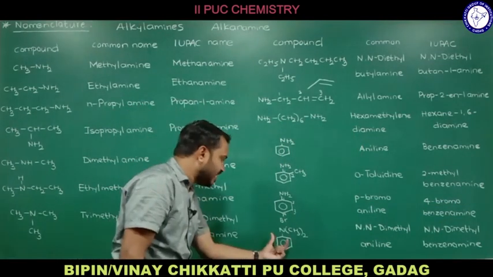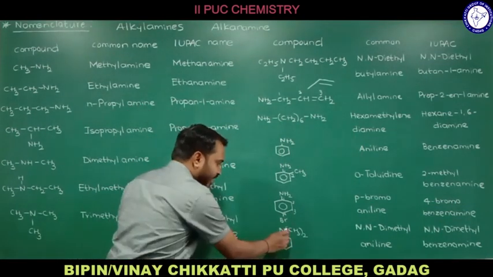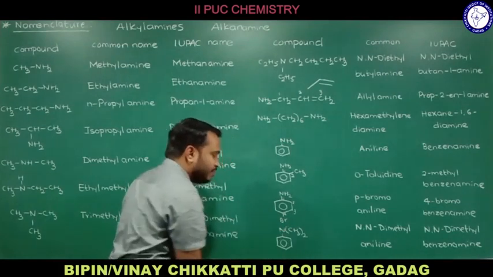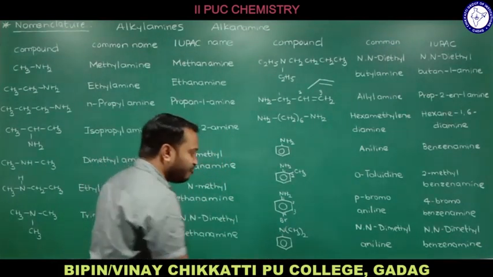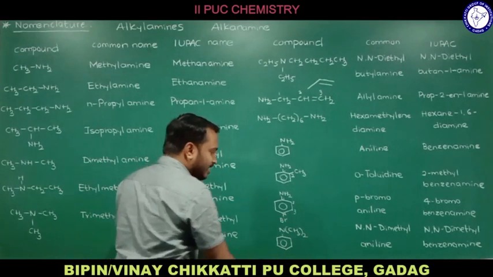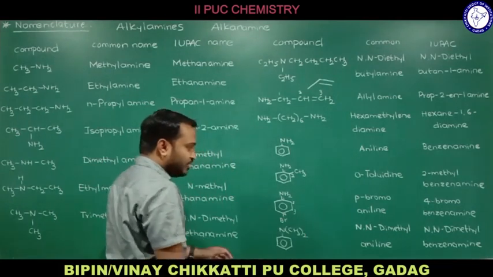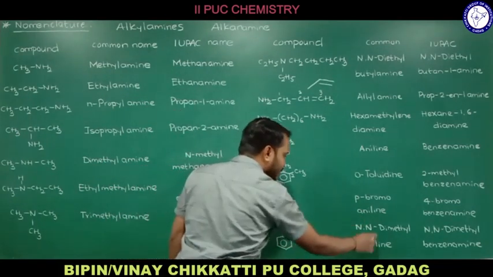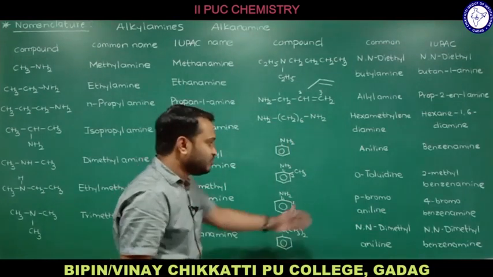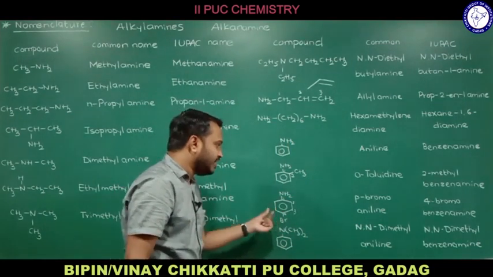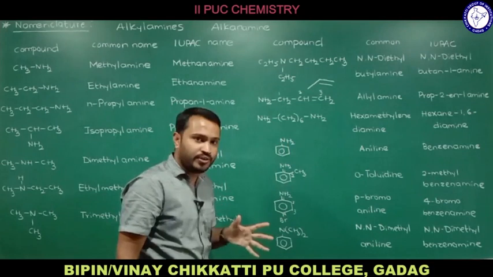And in the last example, we have a benzene ring with N, and 2 hydrogens are replaced by methyl groups. Of course this is the aniline we know, with 2 methyl groups, therefore N,N-dimethyl aniline. In the IUPAC name, you consider N,N-dimethyl benzenamine.